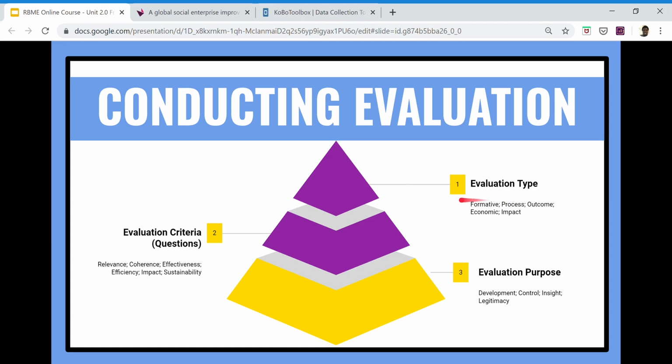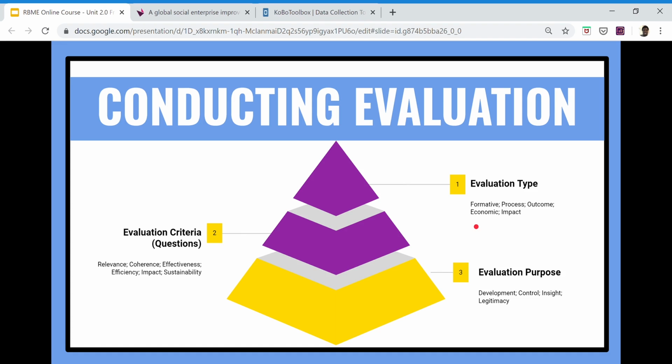Is it formative? Is it a process evaluation, which is an evaluation done to actualize the activities? Is it an outcome evaluation, which is an evaluation done to understand if the program has achieved its objective? Or is it an economic evaluation, which looks at the amount spent on the program vis-a-vis the beneficiaries, vis-a-vis the impact of the program?